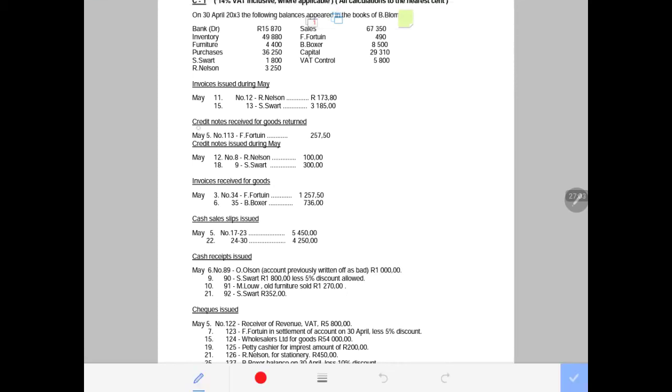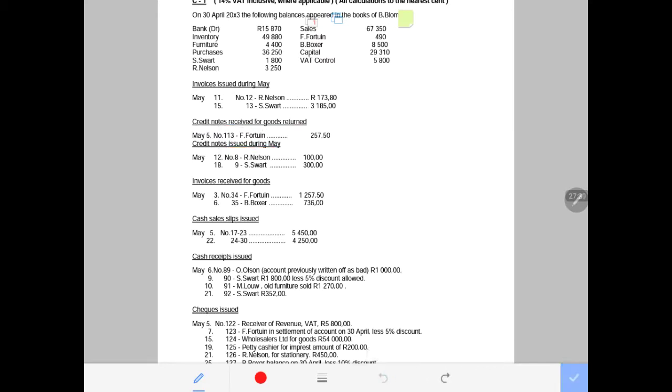But in the case where the credit note is received, that means we returned inventory back to the supplier and the supplier sent us the invoice, and now we have received it. We issue the credit note in this case when the customer returned back to us. Please make sure that we are very clear with these two.